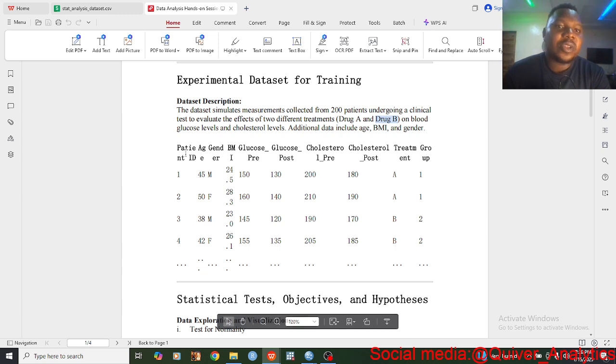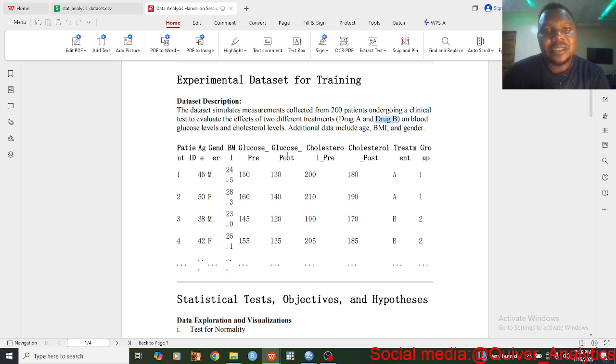The columns are the patient ID, the age of the patient, the gender, male or female, the BMI, the glucose before testing, and the glucose level after testing, the cholesterol level before the drugs, the cholesterol level after, then treatments. The first patient was given drug A, the second patient was given drug A, and the third patient was given drug B. And we have group 1, 1, 2. I think there are 3 groups in all.